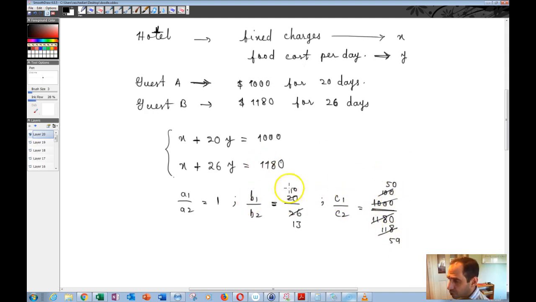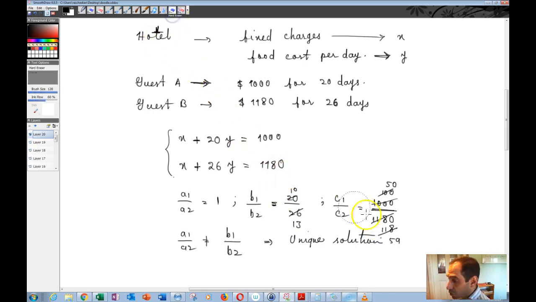I just wanted to show you that a1 to a2 is not equal to b1 to b2. So these are not equal, which means you will have a unique solution.